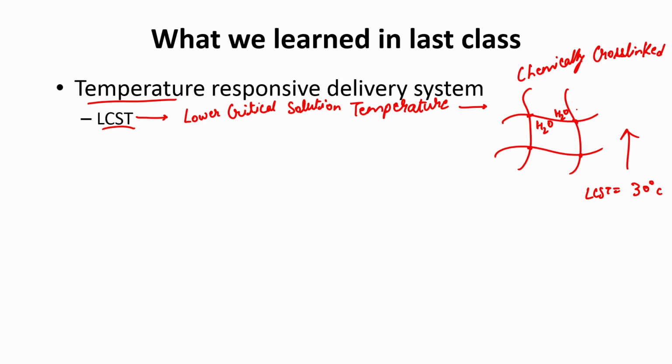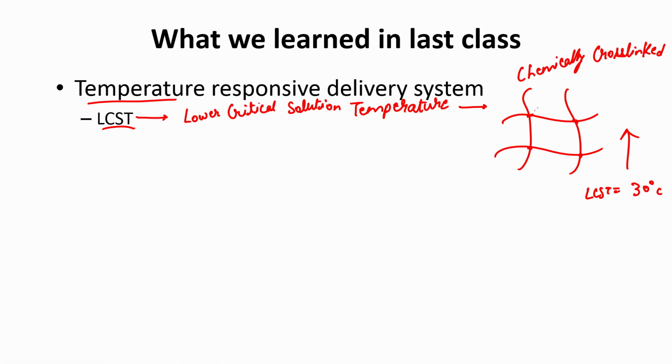But once you go to 37 degrees Celsius, which is our body temperature, this is going to become hydrophobic and it will not try to have interactions with water. It will then try to have interaction with other chains which are also hydrophobic.